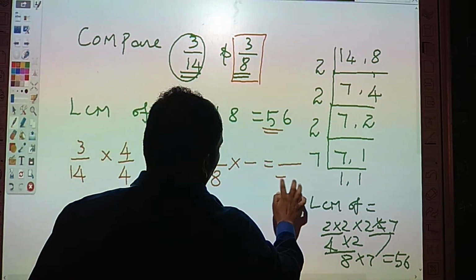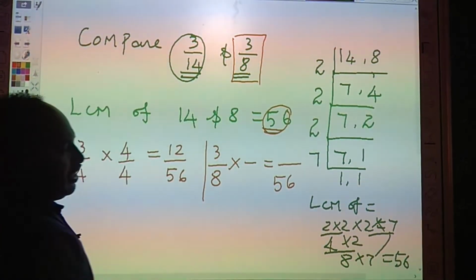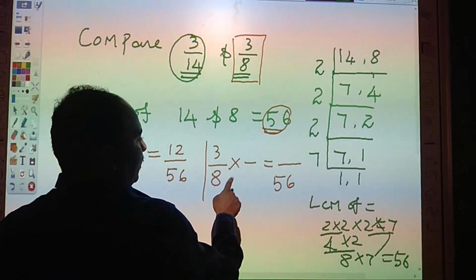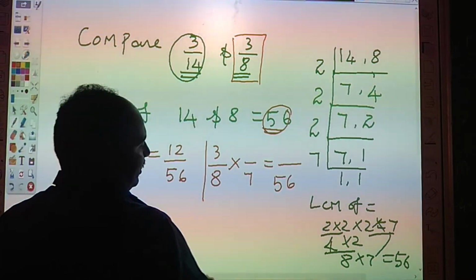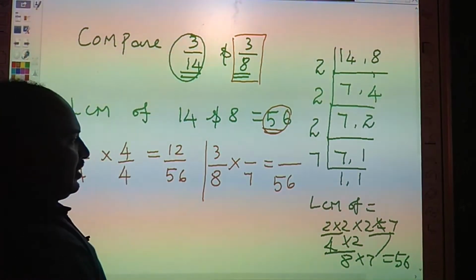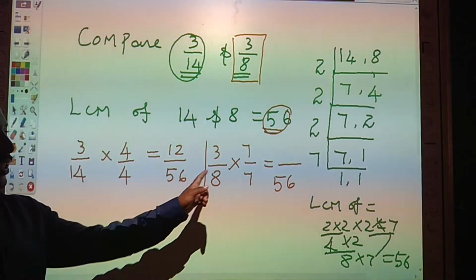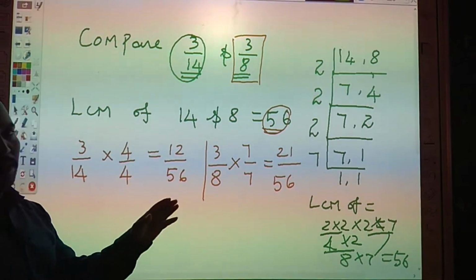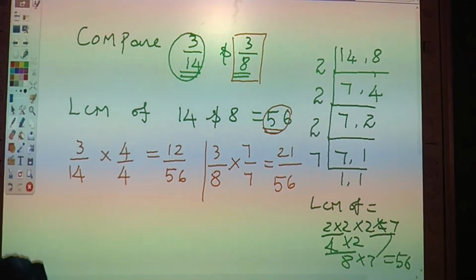Here also we want the denominator 56 because the LCM of 14 and 8 is equal to 56. So 8 7s are 56. The numerator is also multiplied by 7. 3 into 7 is 21. So our answer is 21 divided by 56. Listen here.